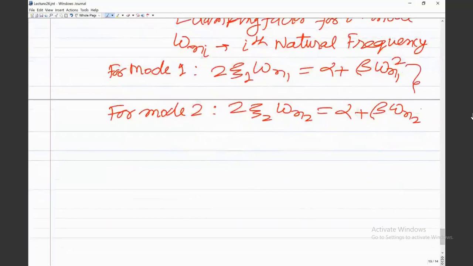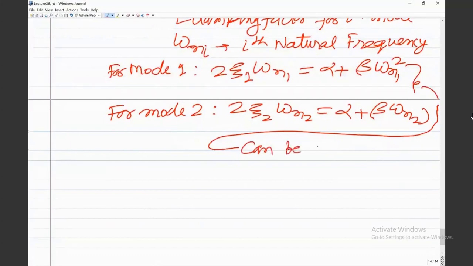These two equations can be solved for alpha and beta. If you solve for alpha and beta, then you have your damping matrix. But to solve for alpha and beta, omega n1 and omega n2, you can either take from the experimental characterization, or you can also take this from the modal analysis through finite element.